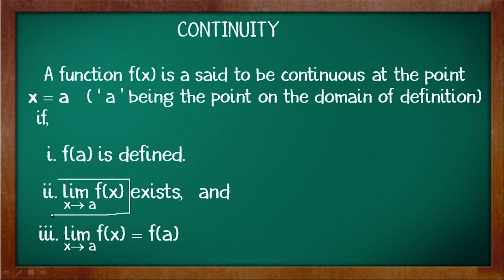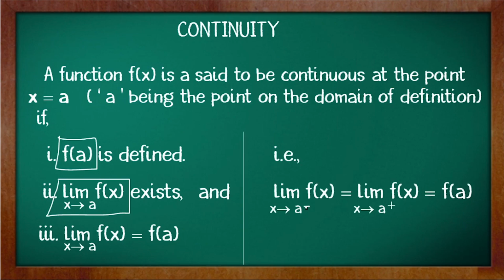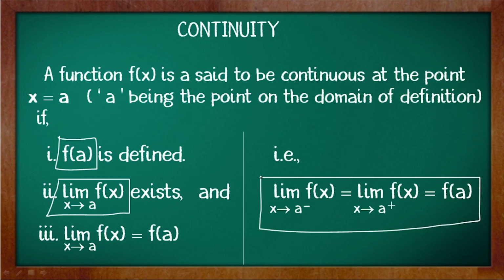The value of the limit and the value f(a) must be equal. That is the same as saying the left hand limit, that is limit x tends to a minus of f(x), the right hand limit, that is limit x tends to a plus of f(x), and the value at that point must be equal. So this is the definition of continuity.